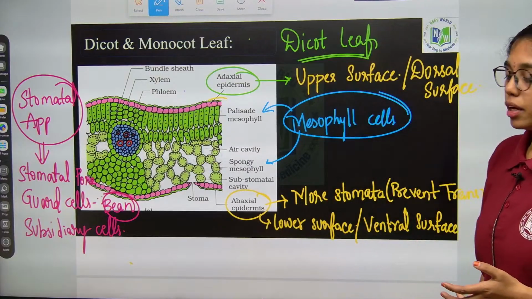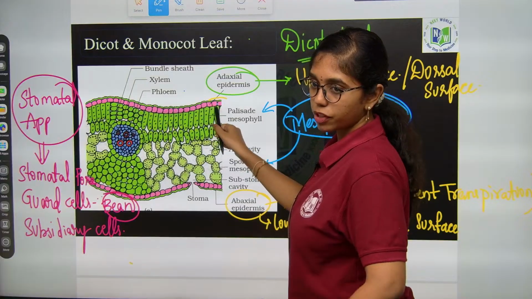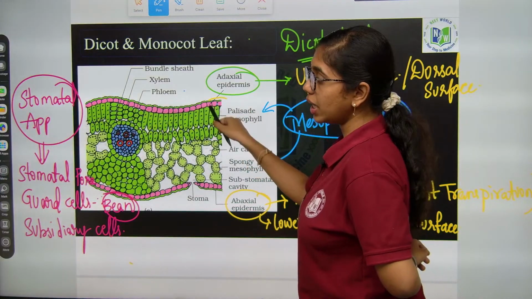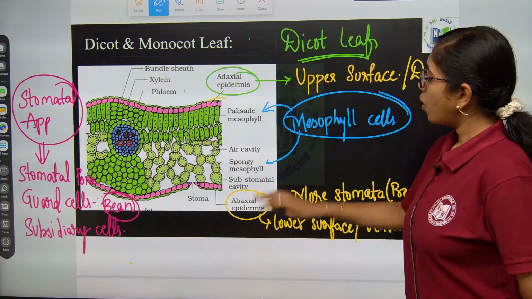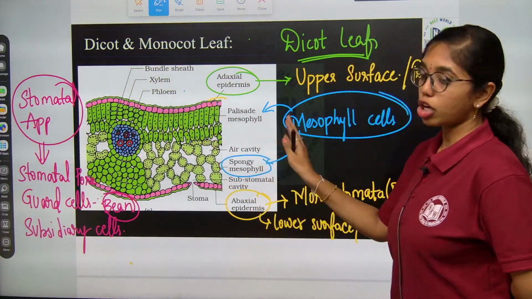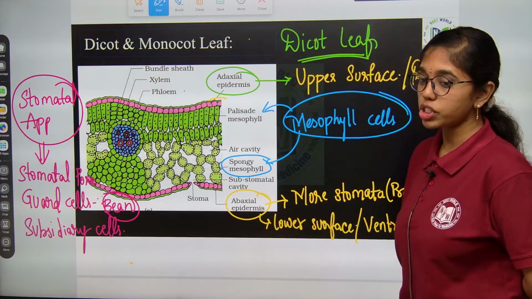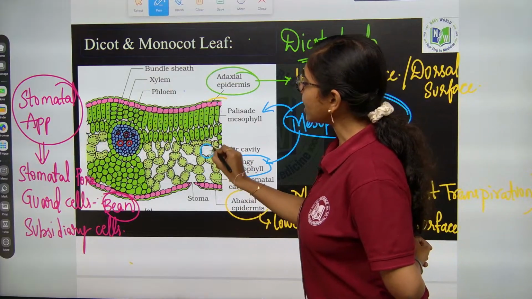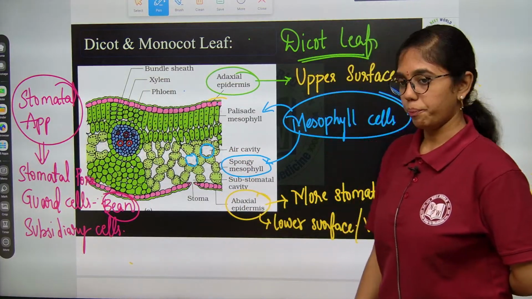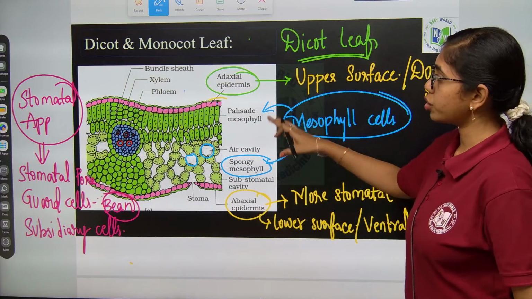Palisade parenchyma are below the adaxial epidermis, vertically arranged, with no intercellular spaces between them, whereas spongy parenchyma are close to the abaxial epidermis, arranged below the palisade parenchyma, and they have large air cavities between them. Okay. So, this is about the ground tissue system in the leaf.